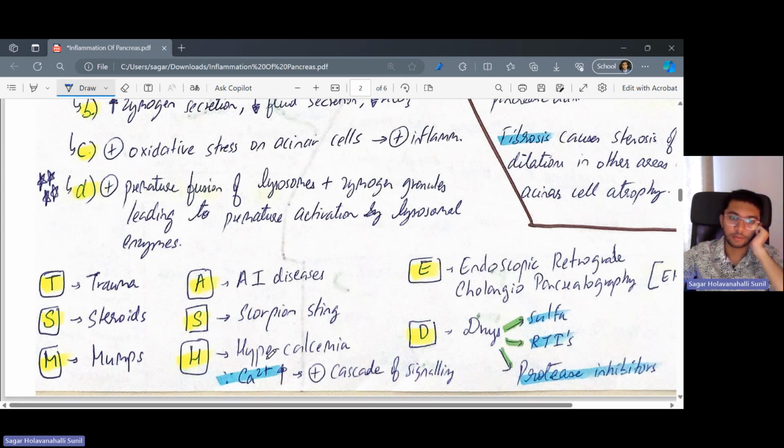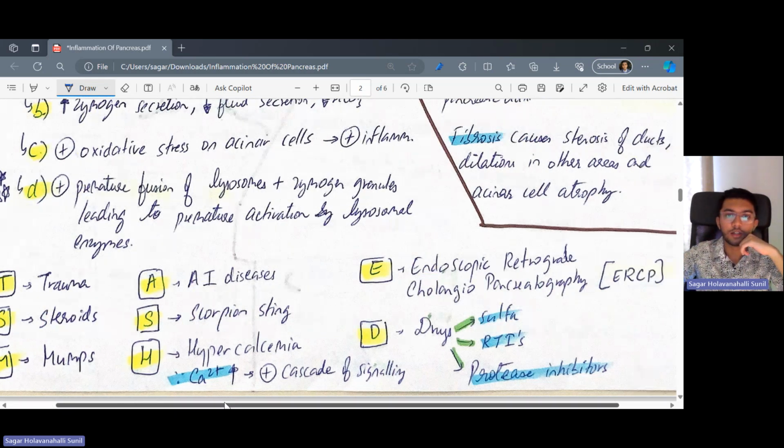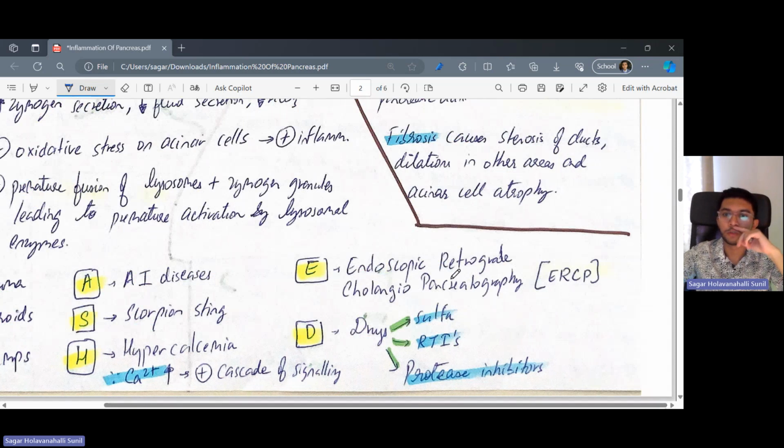H stands for hypercalcemia. Increased calcium levels basically means that there will be more calcium within the cells. Therefore, there's greater chance of the signaling cascade to occur, because you also know calcium is essential for kinase activation in the signaling cascade. E stands for endoscopic retrograde cholangiopancreatography.